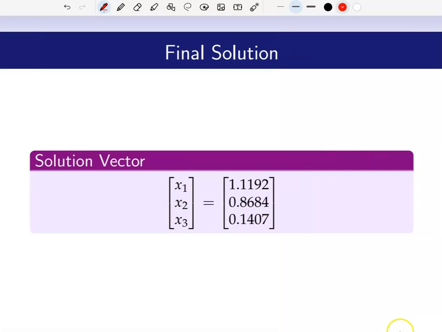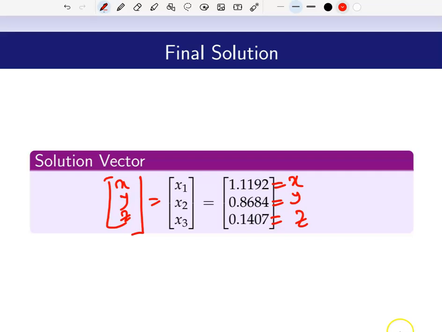So after that we get all these x1, x2, x3, that is the solution vector, where x1 is x, x2 is y, and x3 is z. After doing the Gauss elimination method, we'll get the solution.